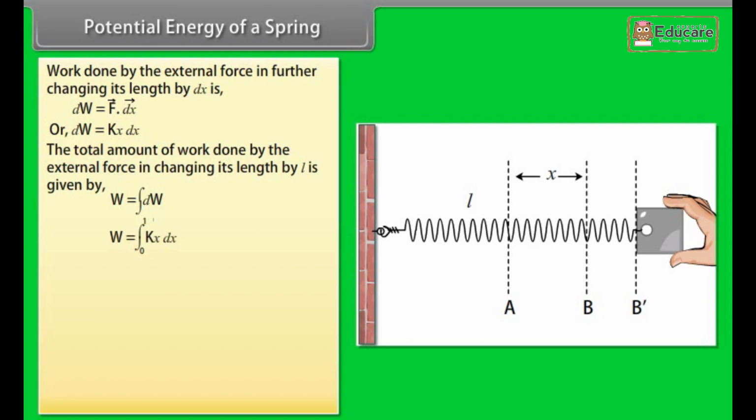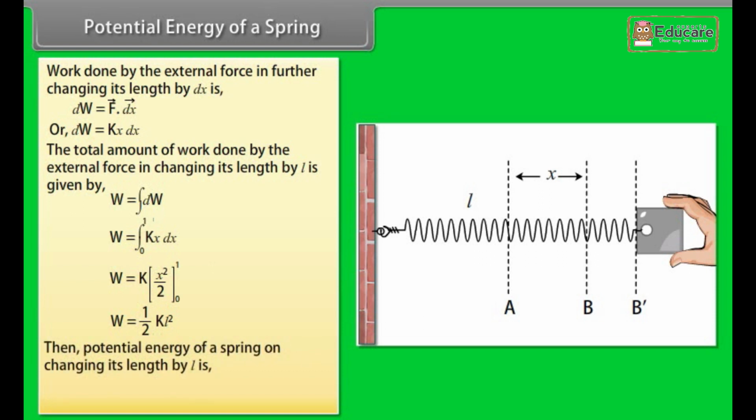By calculating it, we get W is equal to 1 upon 2 kl square. Then, potential energy of a spring on changing its length by l is potential energy is equal to W. Potential energy is equal to half kl square.